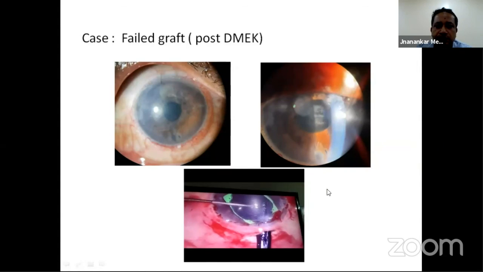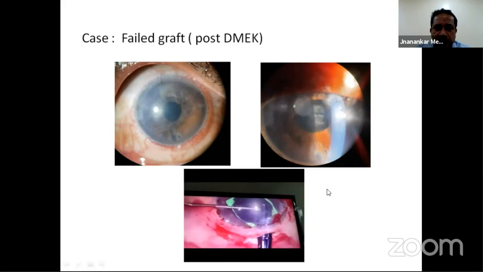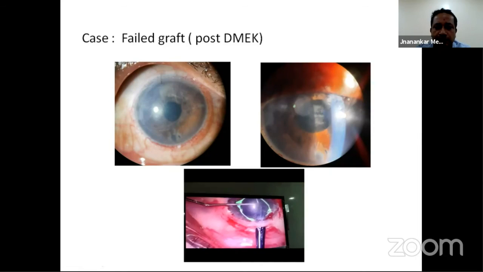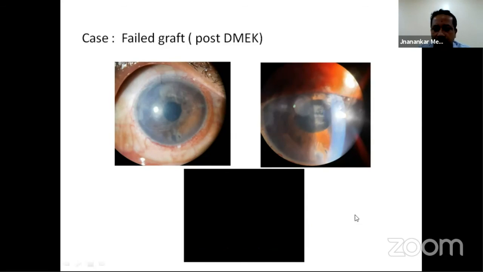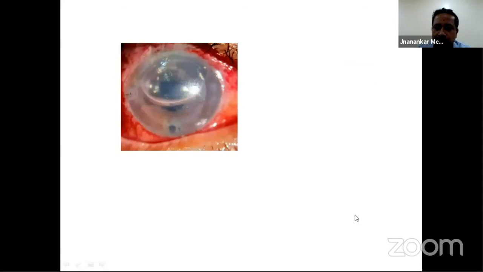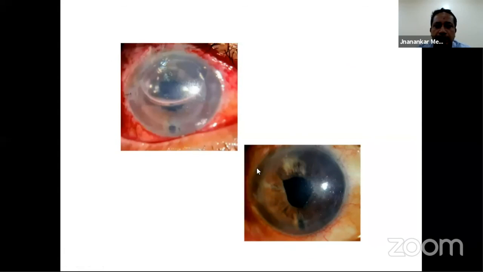As the pupil was not dilating, I had to use a pupillary expander, and the IOL was tightly adherent because of fibrosis. So I had to cut the IOL, leave the haptics behind, and put a PMMA IOL in the sulcus. Thankfully, the patient did well, and you have this slight pupillary distortion from the trauma of manipulation, but he's getting good vision.